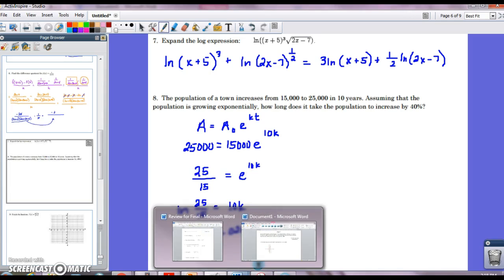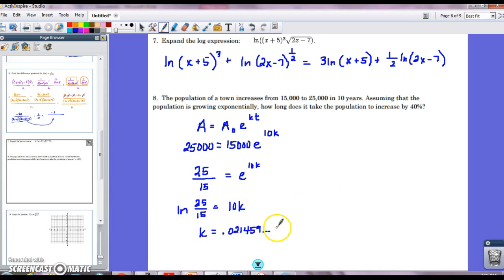Okay? So now we have k, and now the second part says, assuming that the population is growing exponentially, how long does it take the population to increase by 40%? So we had to find that k value before we could figure out the time for this particular parameter of 40%.